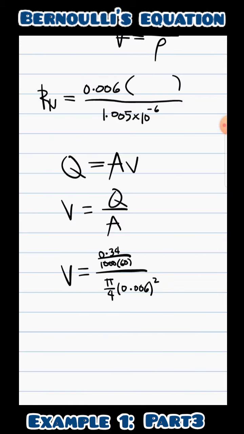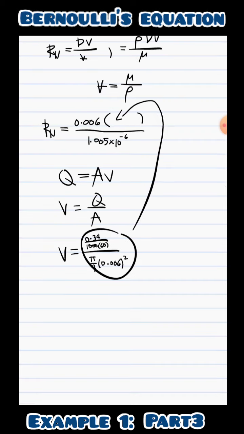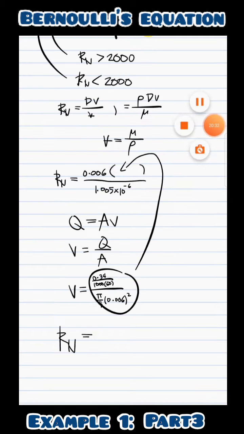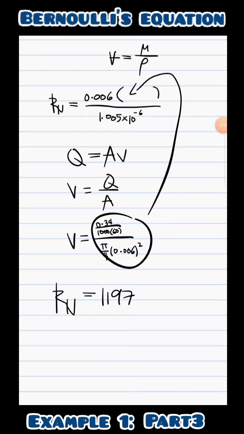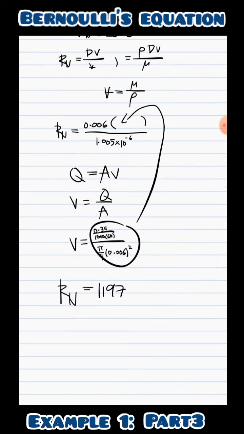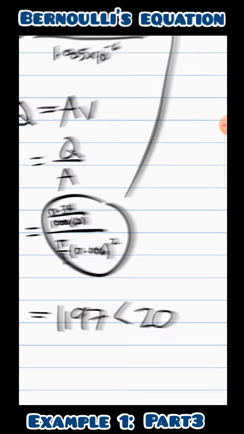And so we have this velocity. We're going to substitute that here, and now we can find the Reynolds number, which is equal to 1197, unitless. And as you can see, this number here is less than 2000.